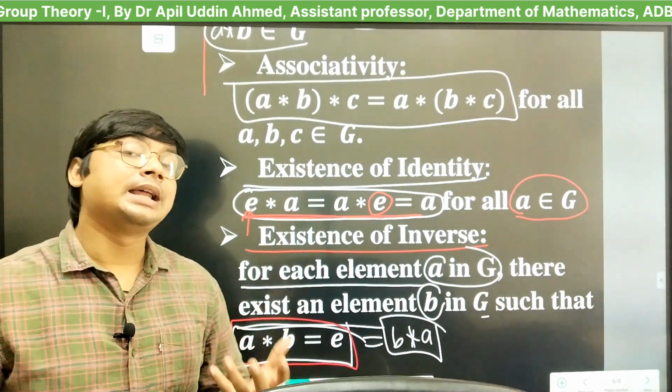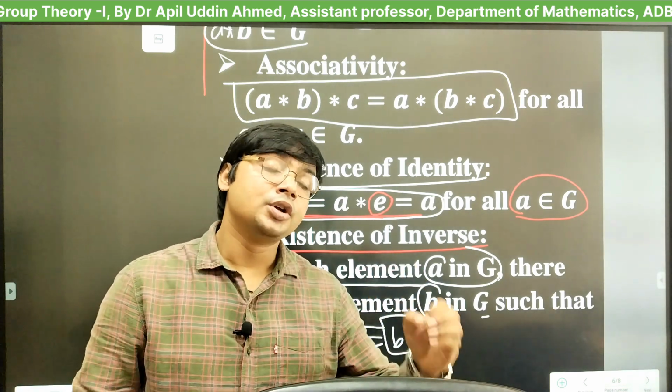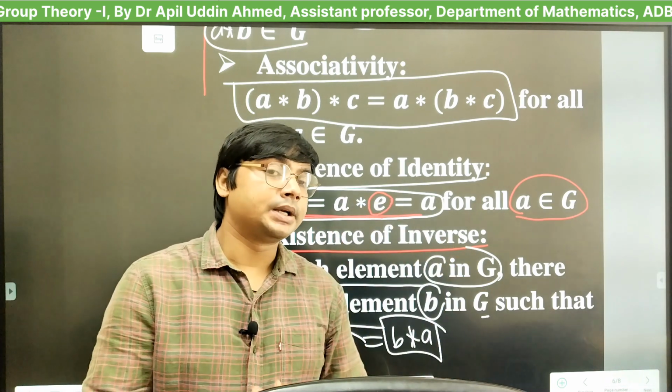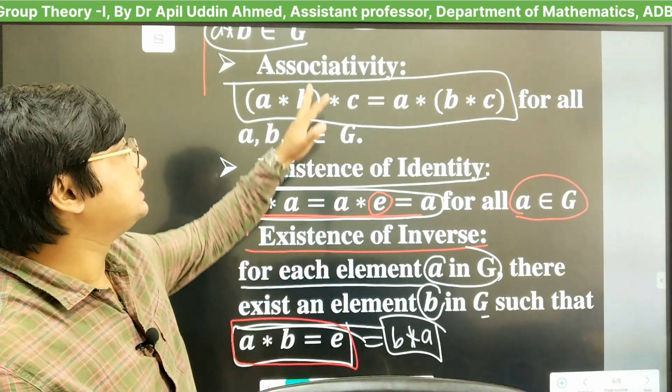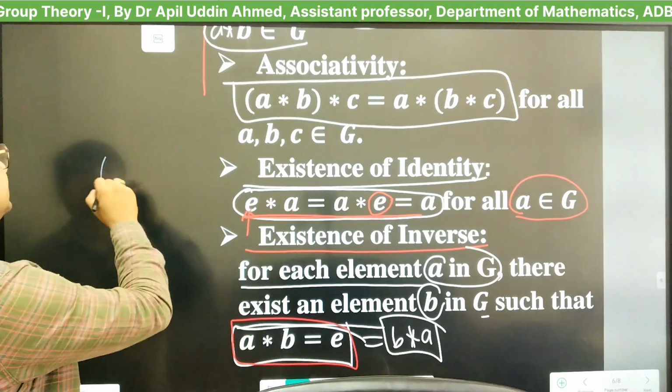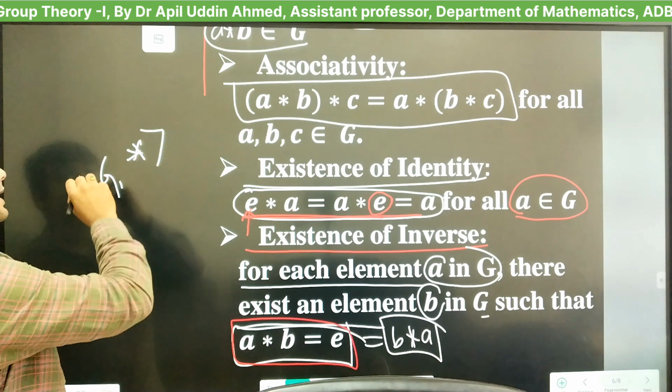That means for each element of G there must exist an inverse element with respect to that particular operation in that set. Then the set G is called a group with respect to the binary operation star.